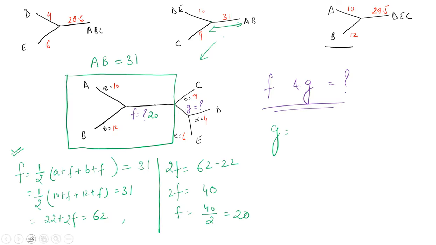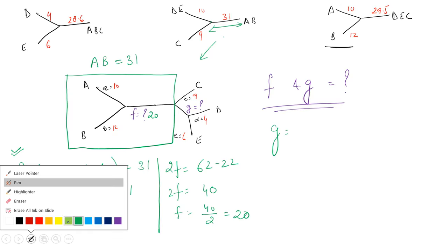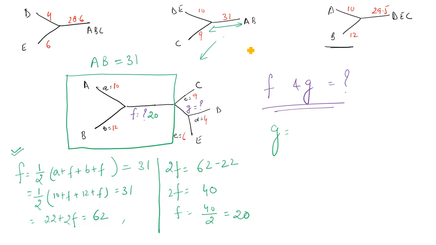Let me change to a different color for G. At this point, the C was connecting, getting connected like this.